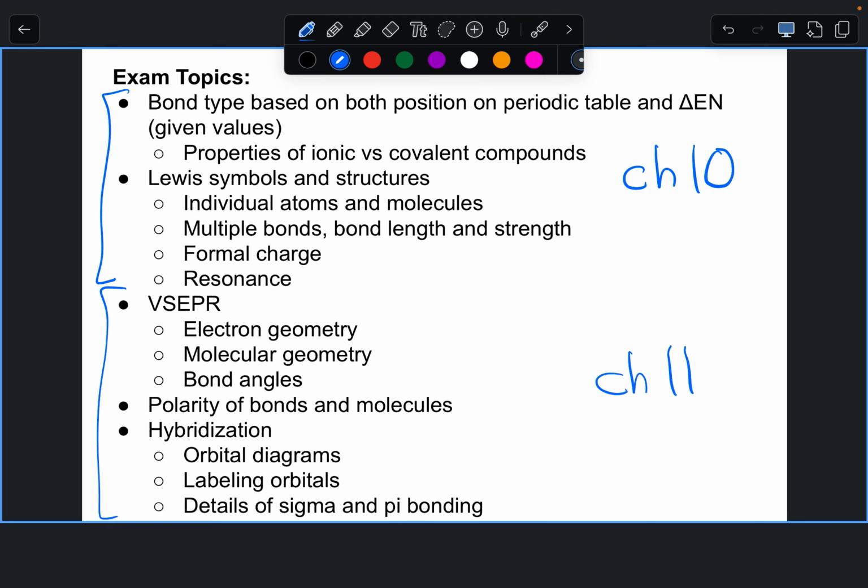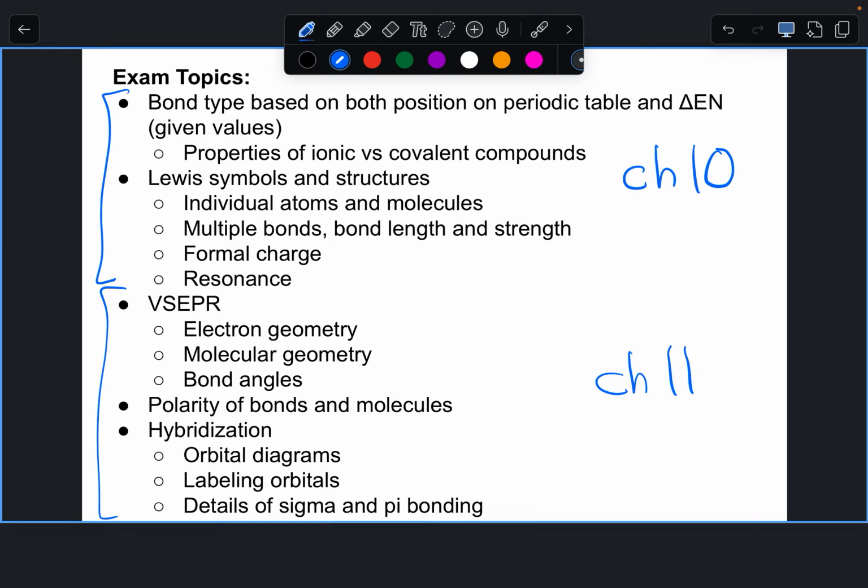So we'll do an example of that today as well. A little bit on formal charge, although we didn't have to use it nearly as extensively as I usually do. You still need to be aware of it. And then we get into chapter 11 stuff that's all dependent on those Lewis structures.